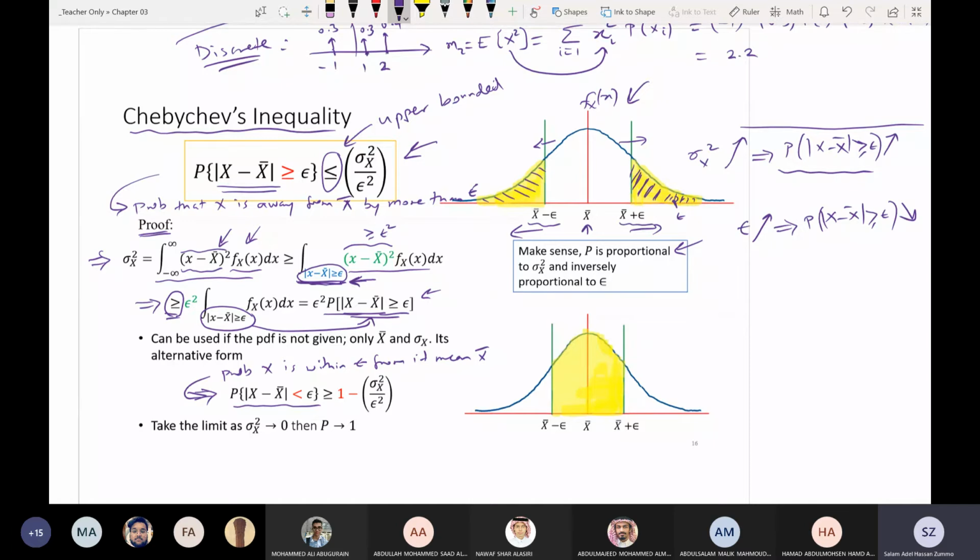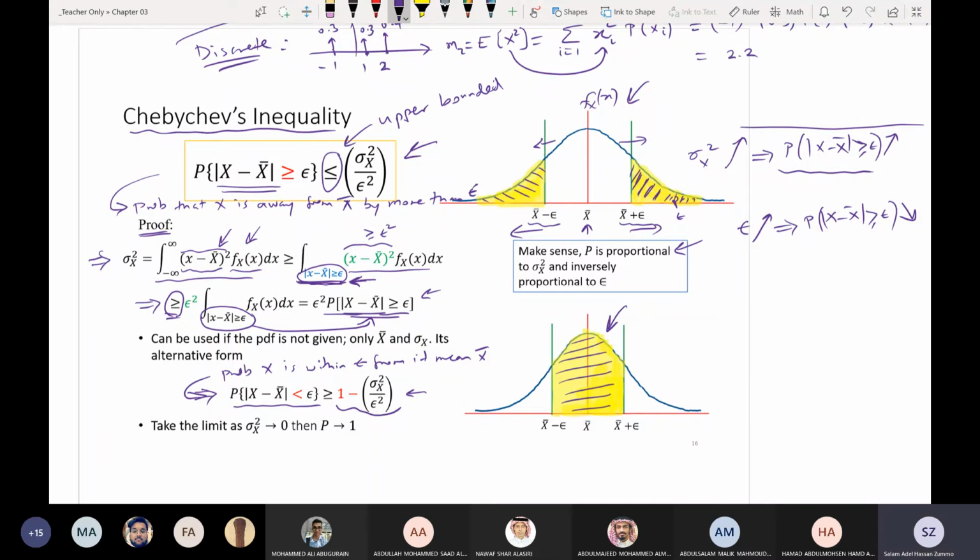In this case, this probability will be larger than or equal to 1 minus the variance divided by epsilon squared. We are talking about the yellow curve in the second graph: the probability that x is within epsilon from the mean is larger than or equal to 1 minus sigma squared divided by epsilon squared.